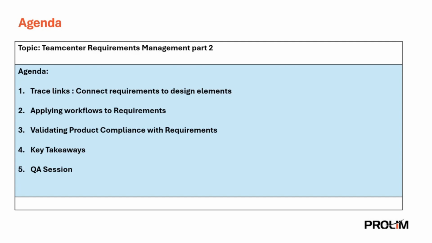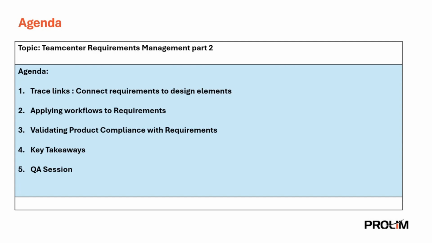Today in part 2, we will go a step further. First, we will look at trace links, which let us connect requirements to design elements so we can see exactly how each requirement is being implemented. Next, we will learn how to apply workflows to requirements so the review and approval process is well structured.